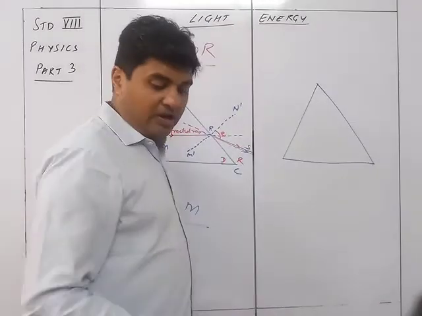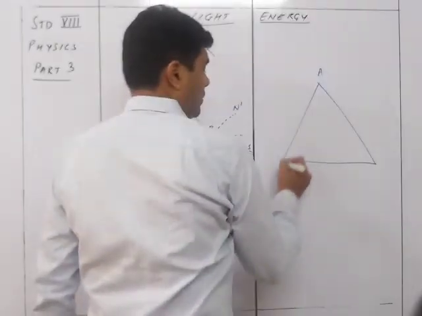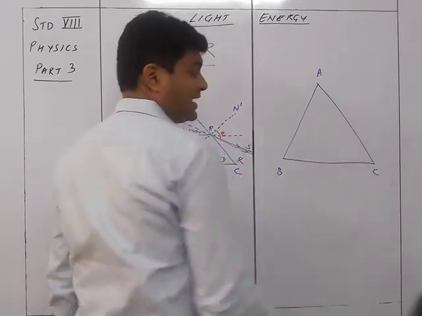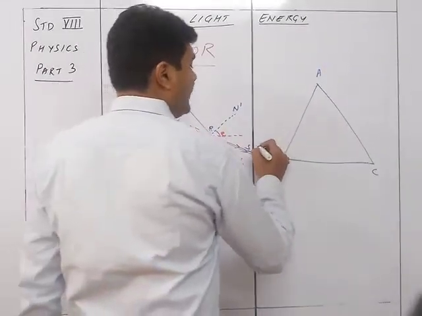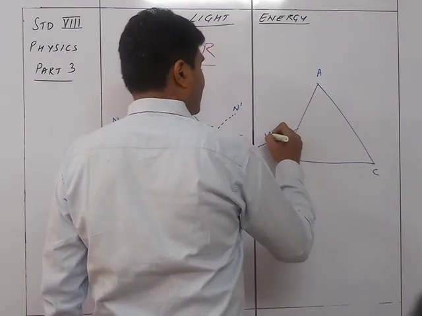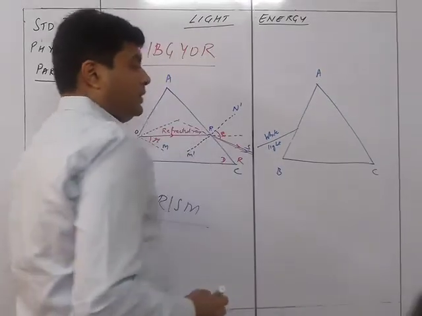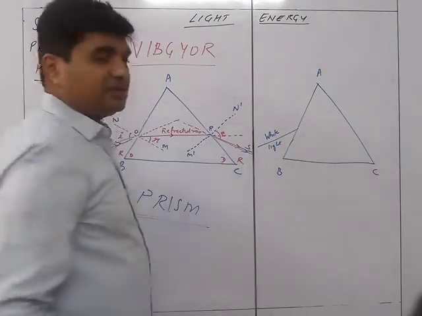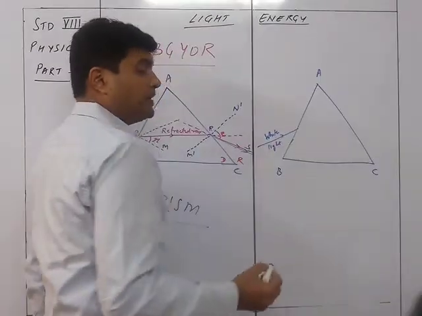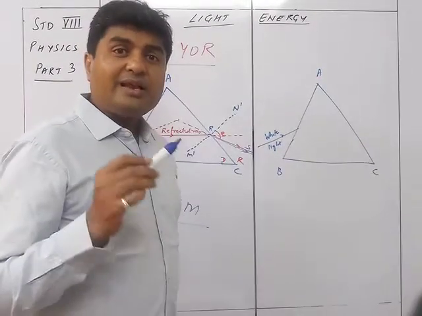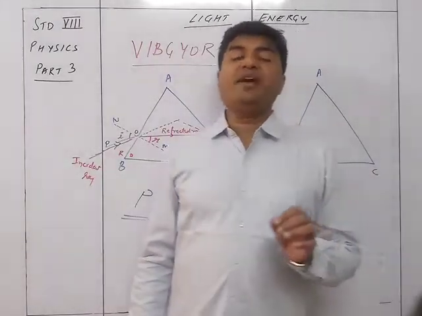That's the reason when I am taking a polychromatic light ray. Now polychromatic means a light ray which is made up of 7 colors, or we can say the light ray which is the sunlight. So if I am taking a white light, as soon as this enters into this particular prism, the light is going to refract at different angles.